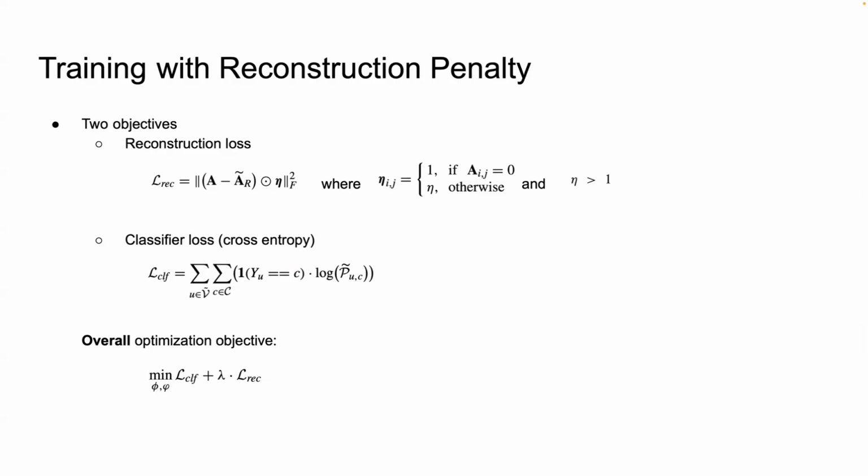So if we disturb any original connection, we penalize more. The classifier loss is a basic cross entropy going over each instance and each class, and the overall optimization objective is minimizing the classifier and reconstruction loss with a weighted sum.